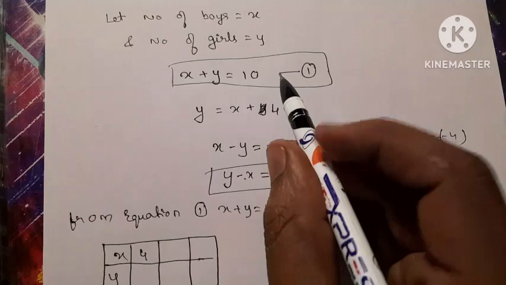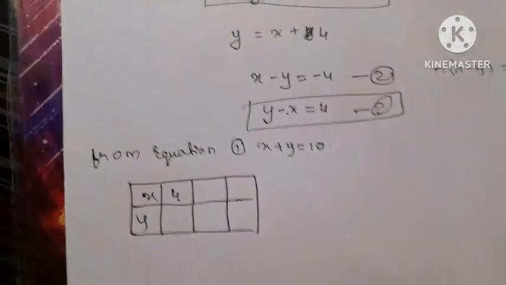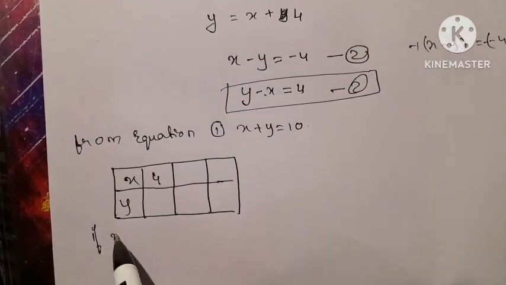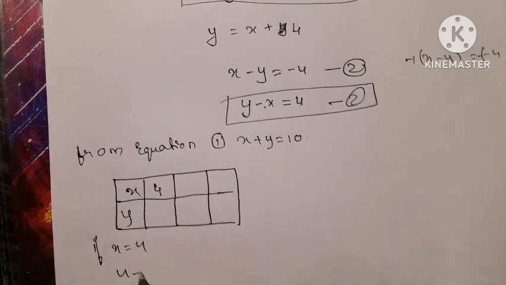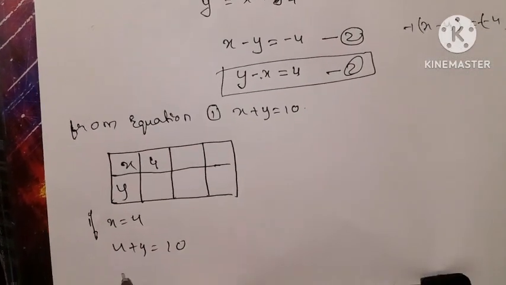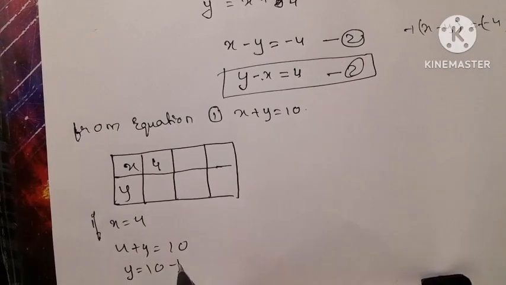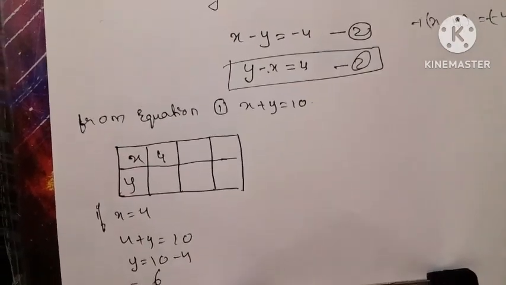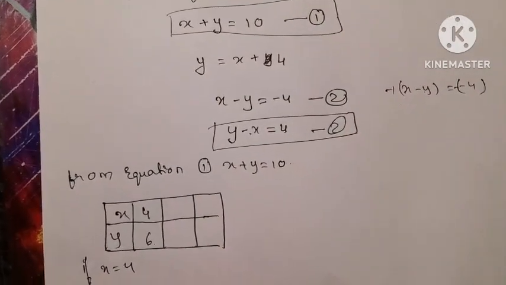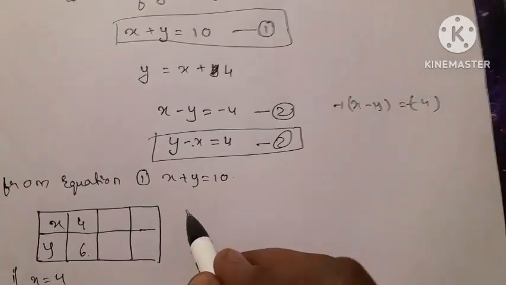So if x is equal to 4, then 4 plus y equal to 10, y equal to 10 minus 4 equal to 6. So we get this point. Similarly, let's go for 5.